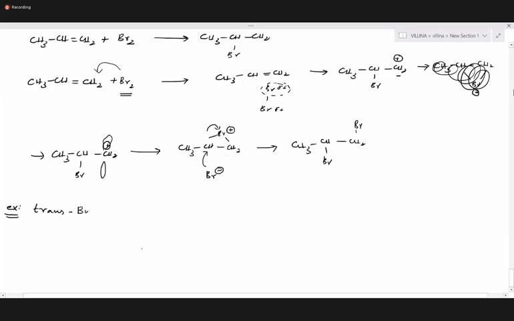Trans butene on bromination gives what type of product? What is the isomer that is formed? They have asked this question in a previous year's mains. Which year I don't remember, but they have asked this. So I'll tell you how exactly this anti-addition or syn addition will happen.